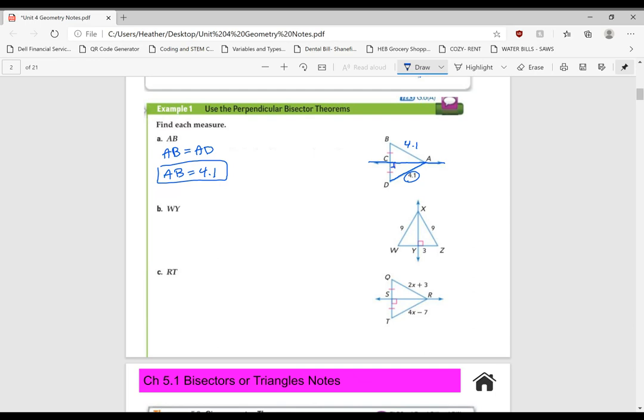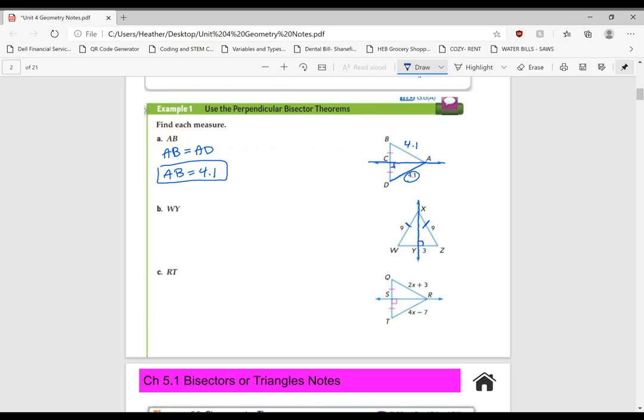Okay, now let's look at WY. Since WX is equal to ZX, these two sides are equal because they're both 9, and XY is perpendicular to both of these segments.